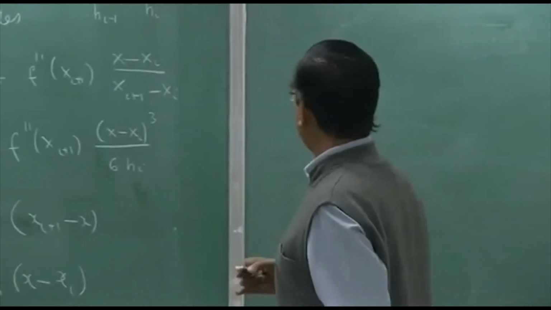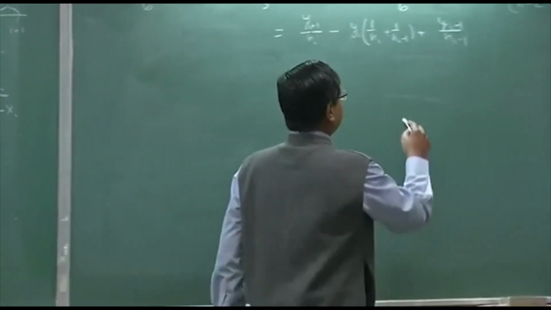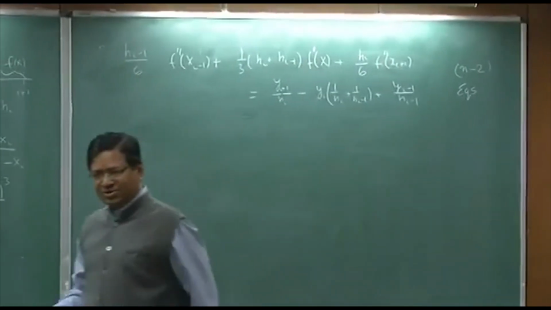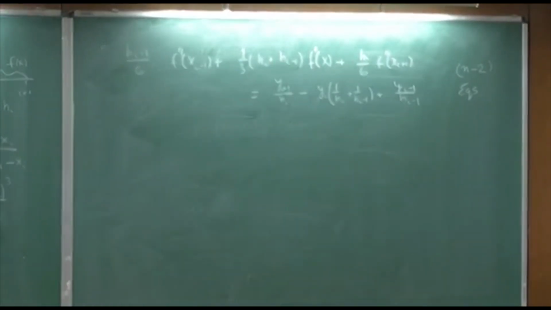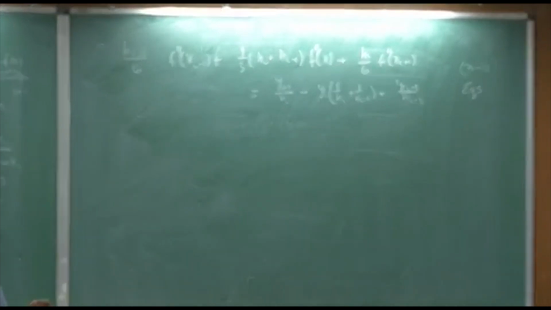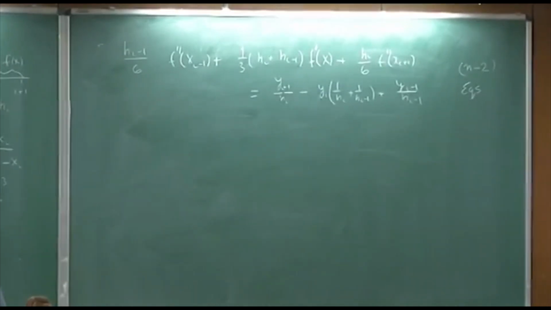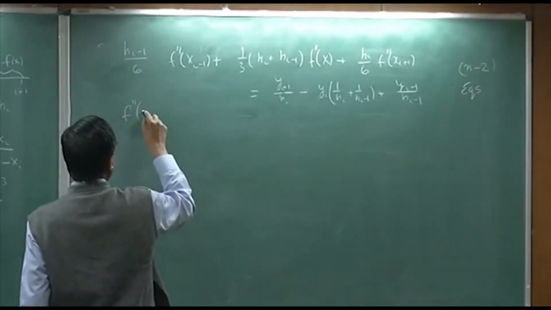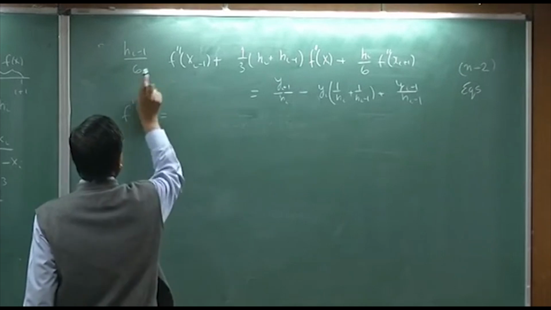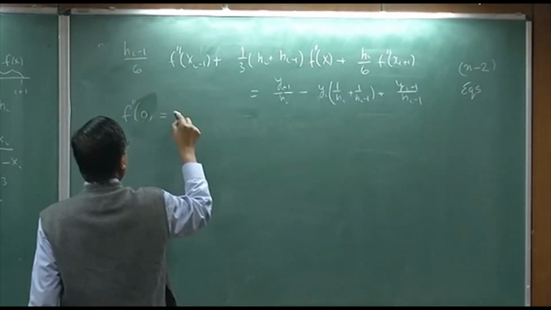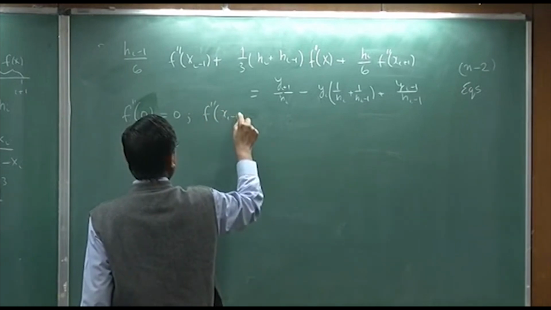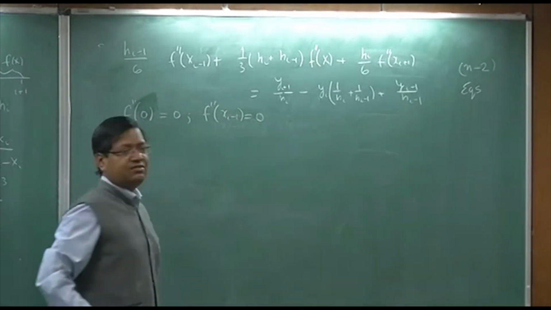I set up some conditions. One condition would be that the double derivative at both ends is 0, so f double prime at the first and last points is 0, and this is called a free beam.